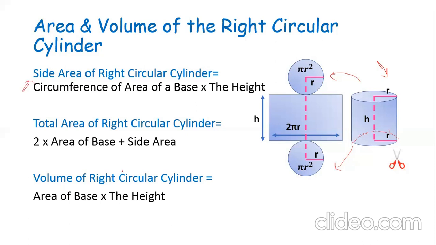Now the volume of the right circular cylinder is the area of the base multiplied by the height of the cylinder. So let's move to do an example in practice.